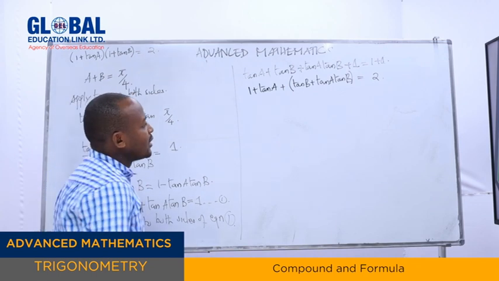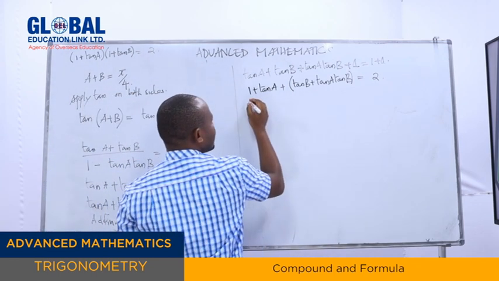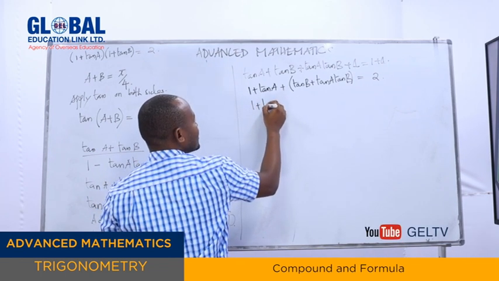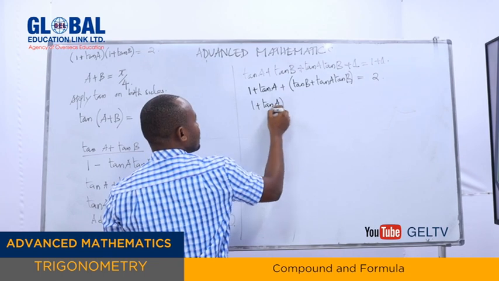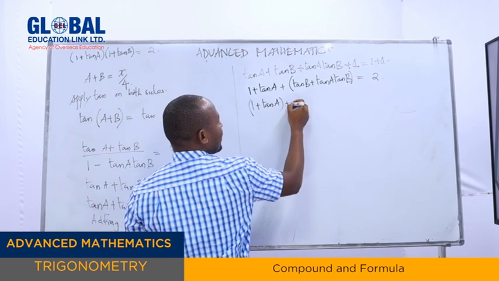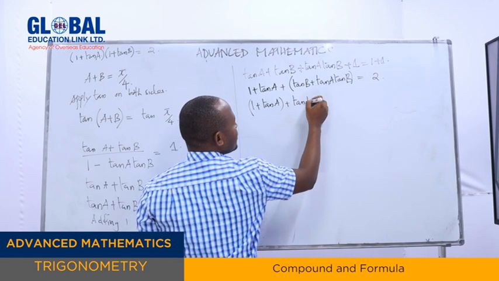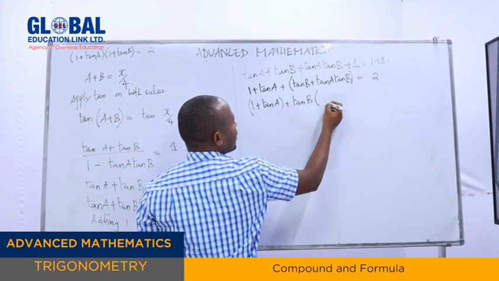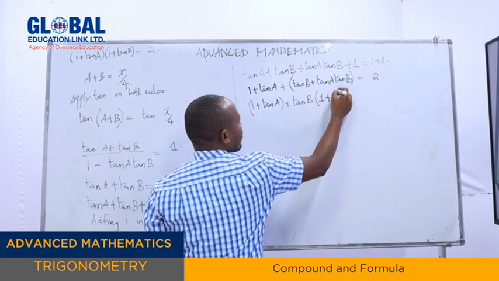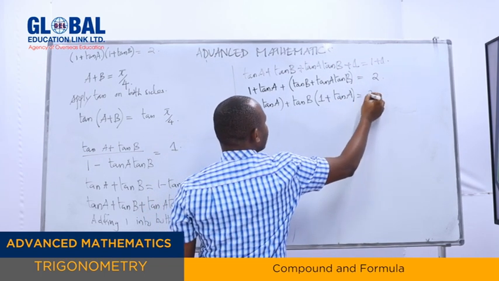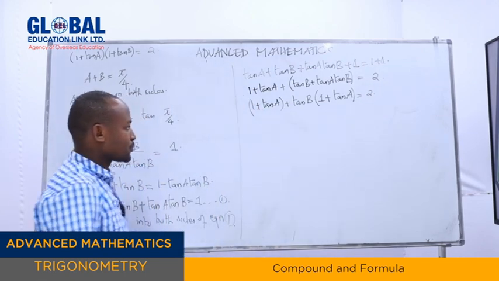So what is next? Can we simplify this? Yes, we can do that. That means we are going to be left with 1 plus tan of A plus tan B, can we factor out tan B? Then we are going to be left with the 1 plus tan of A. This is equal to 2.